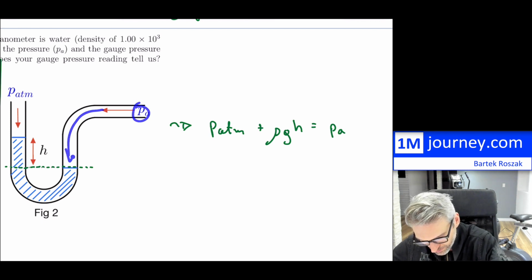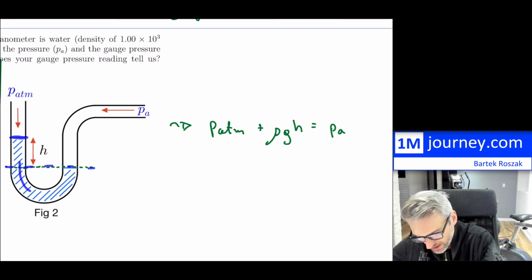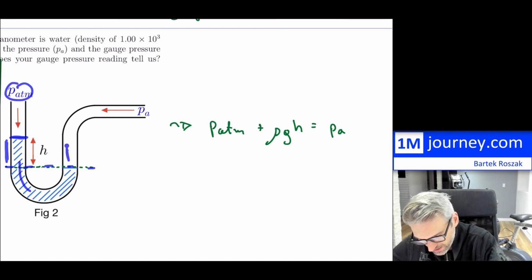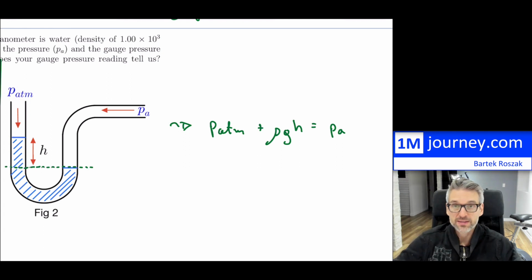Because this is now pushing in. So this must be higher than the atmospheric because it's pushing up the liquid. In order for them to balance, it will keep pushing this up until eventually the atmospheric pressure plus the pressure coming from this fluid is equivalent to this pressure pushing it down. So they're going to be at an equilibrium at some point.